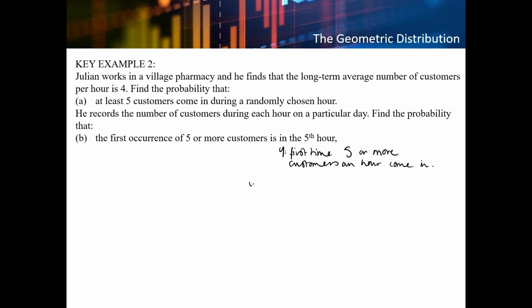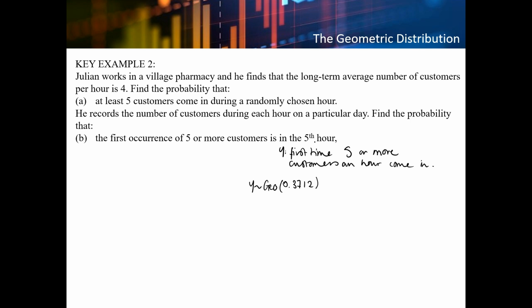So Y is going to be a geometric distribution, definitely, and our probability of success is, well, we need to know what's the probability of at least 5 customers coming in any 1 hour, and that is, of course, the probability from the first part. So that would be 0.3712.